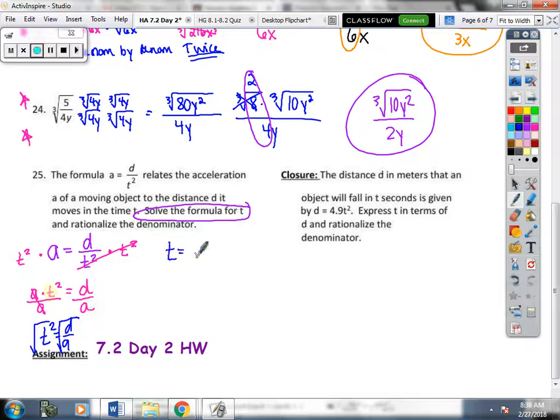So I have t equals, and I'm going to split up that square root to make it the square root of d over the square root of a. And then they do want us to rationalize our denominator. So we'll just multiply by the square root of a. You only have to do it once because it's a square root. And so we'll get t equals the square root of da all over a.